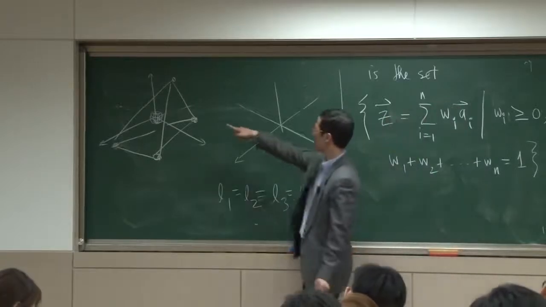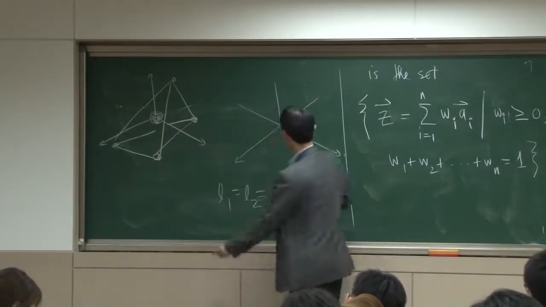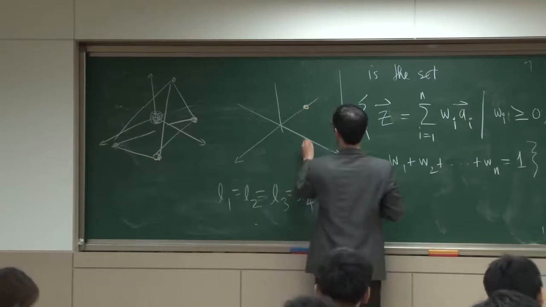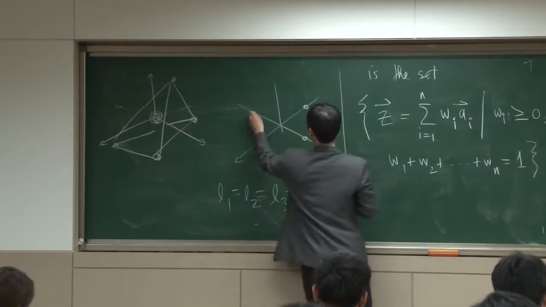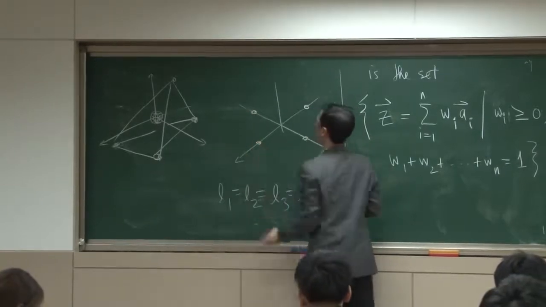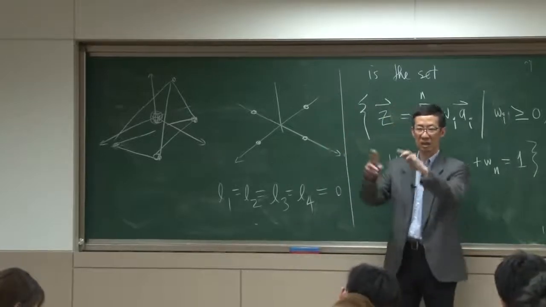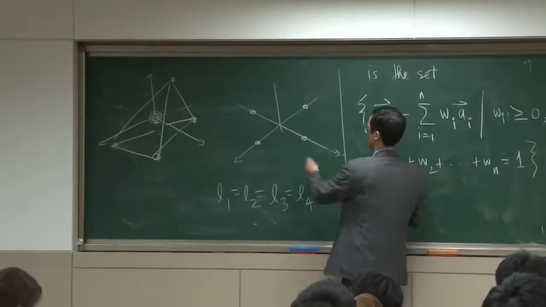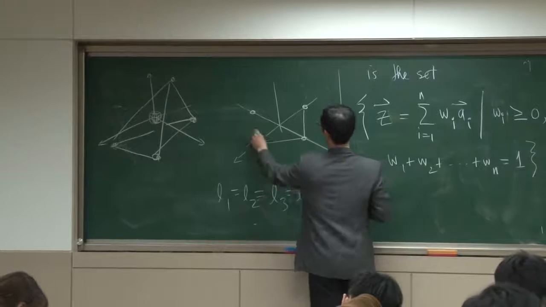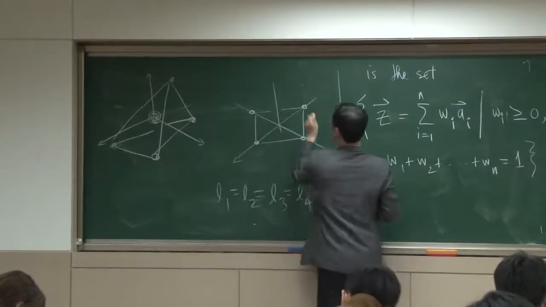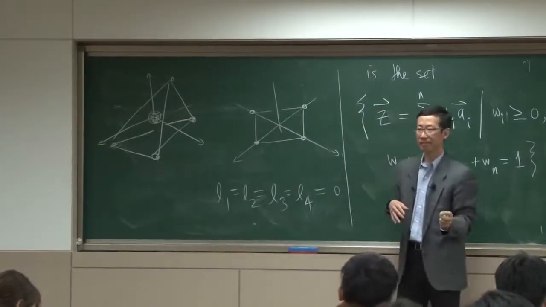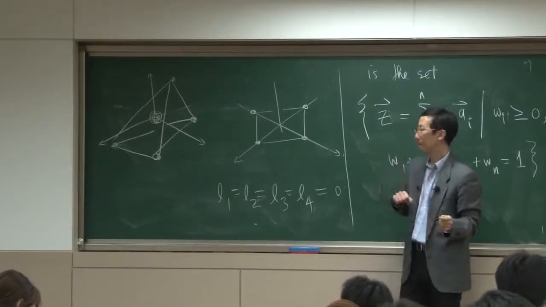Now what happens to these points is that they now all lie on the xy plane. They form a square or diamond. Okay, so that's what happens.